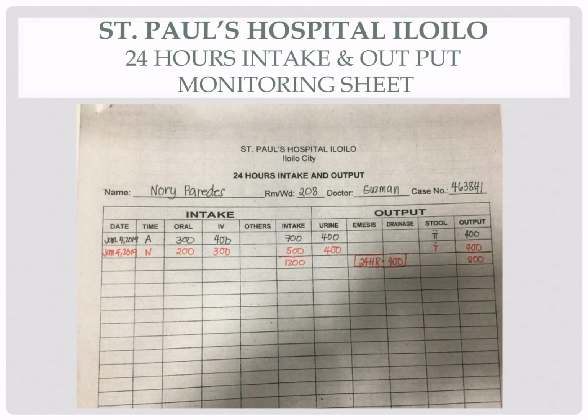Drainage. When we say drainage, for example, we have a Jackson-Pratt drainage and you have drained an amount there. You have to put the total amount of your drainage for 12 hours there.